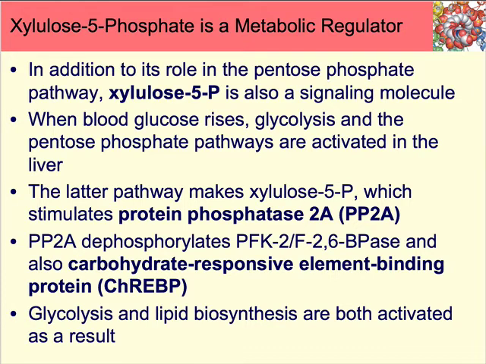And this phosphatase dephosphorylates the interesting bifunctional enzyme that we looked at earlier in this chapter, the PFK2 fructose 2,6-bisphosphatase enzyme. And PP2A also dephosphorylates the carbohydrate-responsive element binding protein, ChREBP. The result is that glycolysis and lipid biosynthesis are both activated, as we'll see.